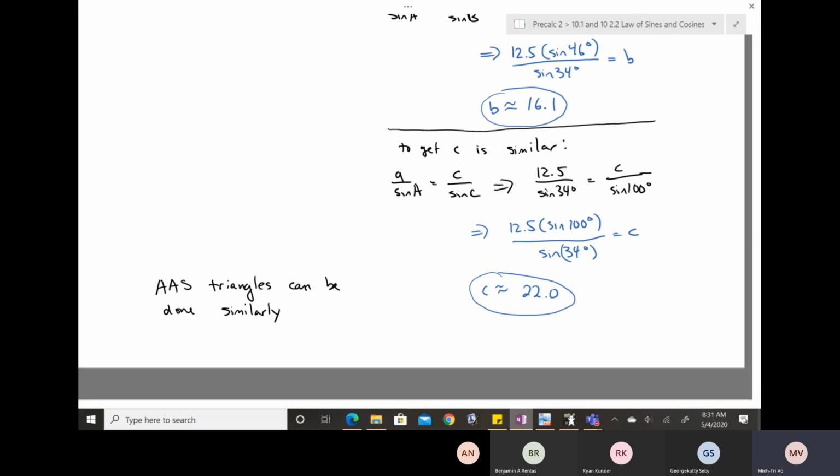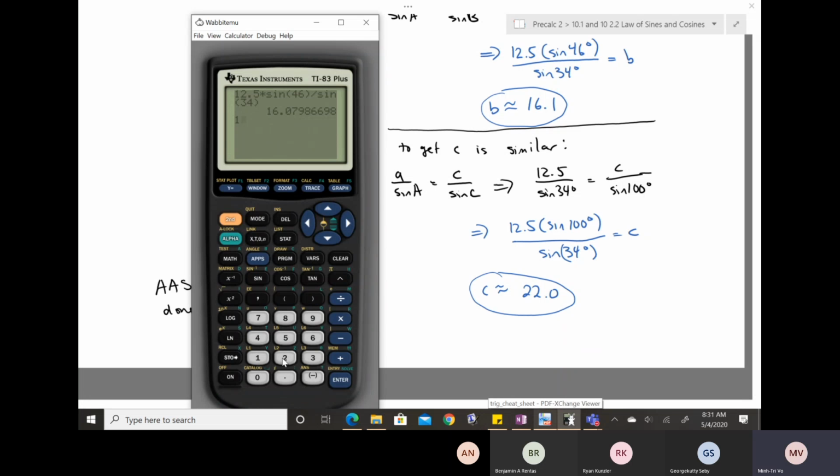Okay, solving for side C is similar, right? I relate it to side A and angle A, and then I have a similar equation, and we just calculate C in this way. 12.5 times sine of 100 divided by sine 34.